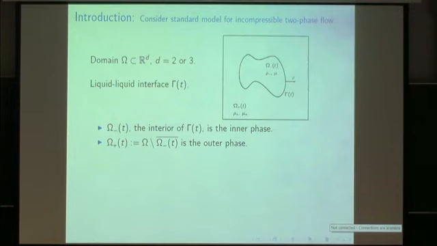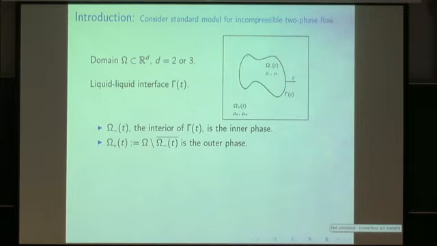So, the setting for the standard two-phase flow problem. You think of two immiscible fluids, say a drop of oil and water, and you're interested in how the interface between these two liquids evolves in time. I have some domain, it could be in R2 or in R3.